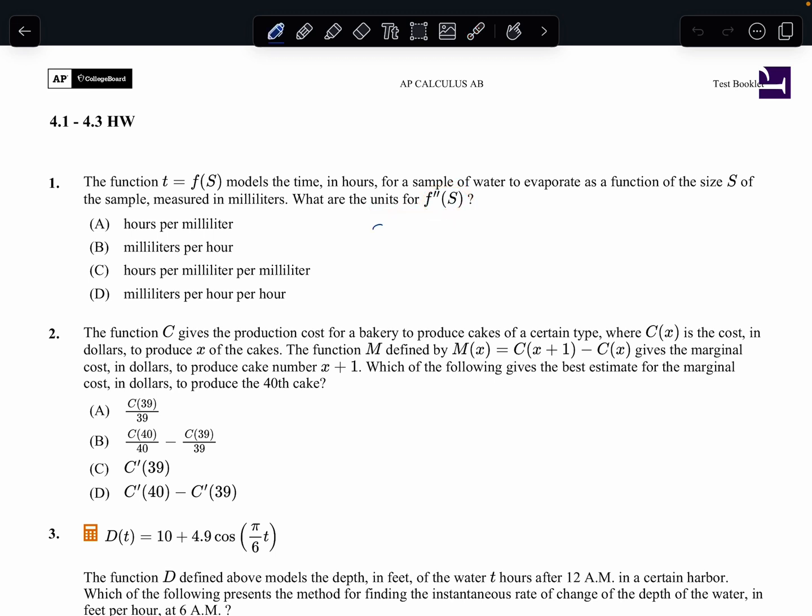So units for f of s is, we're talking about size. So f is a function of size in milliliters. Okay, so this is going to be equal to milliliters.